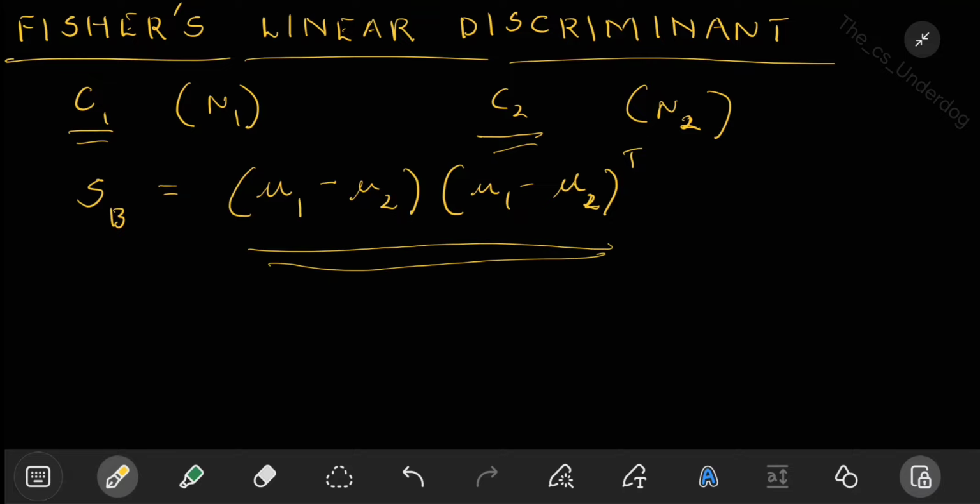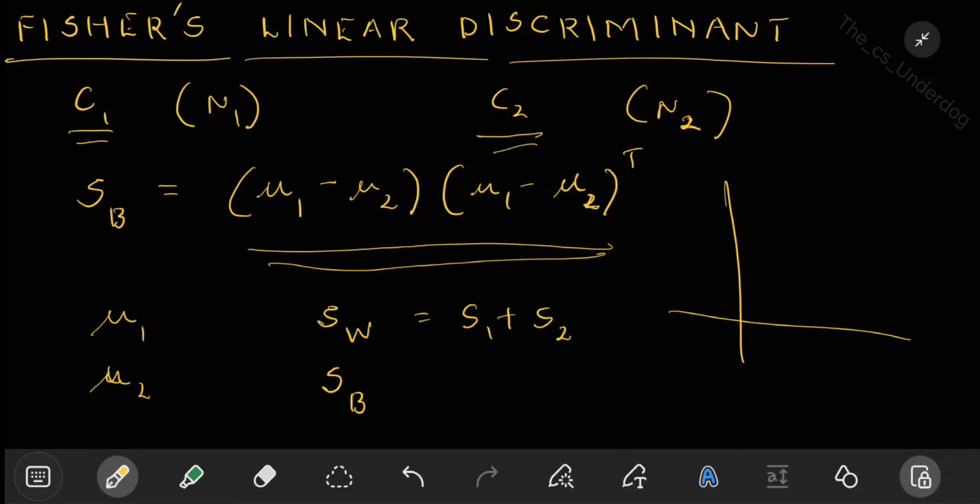So you already know mu1, the mean of class 1, mu2, the mean of class 2, SW, which is S1 plus S2, the within class scatter matrix, and SB, which is the between class scatter matrix. All these are computed from the points that we have.